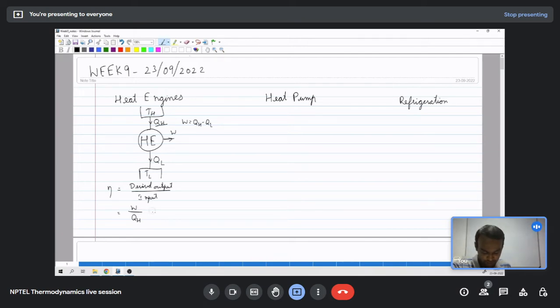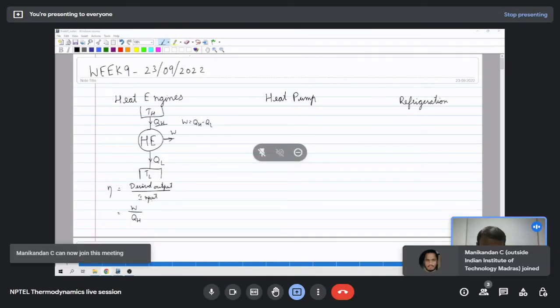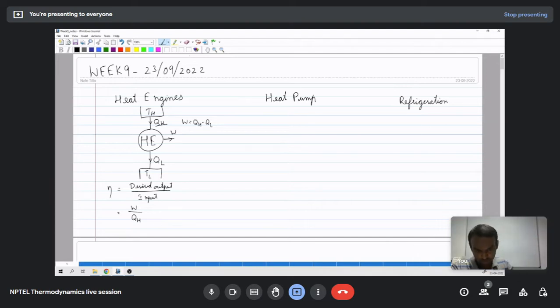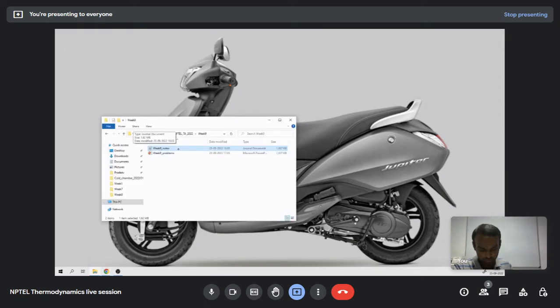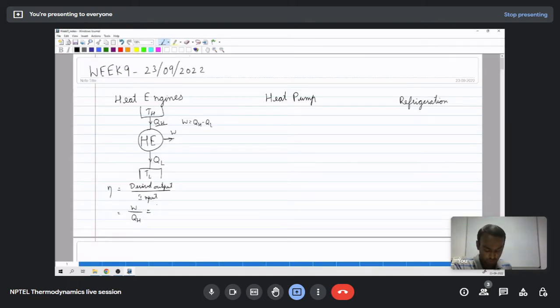Here W can be written as QH minus QL, as we saw just now. So this is QH minus QL divided by QH. So this is 1 minus QL by QH.